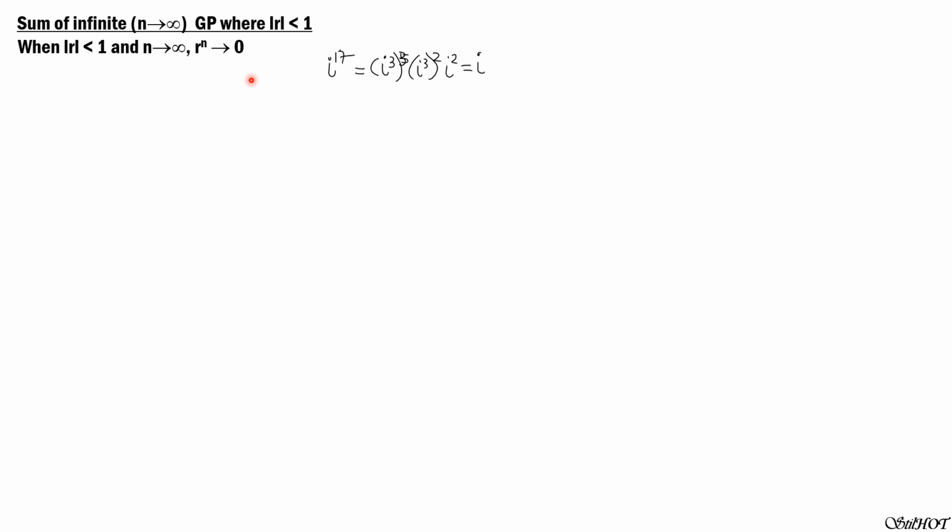So from the original formula, sum is first term quantity 1 minus r to the n over 1 minus r, because this approaches 0 when absolute value of r is less than 1 for an infinite geometric progression, we simply set this to 0, and the formula reduces to: the sum of an infinite geometric progression is equal to first term over 1 minus r. So the result would be first term over 1 minus r.